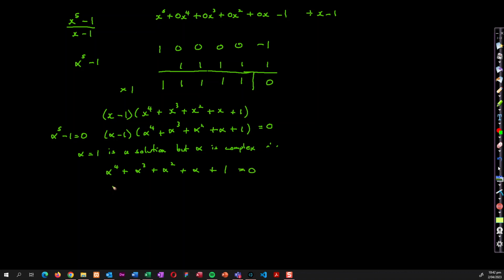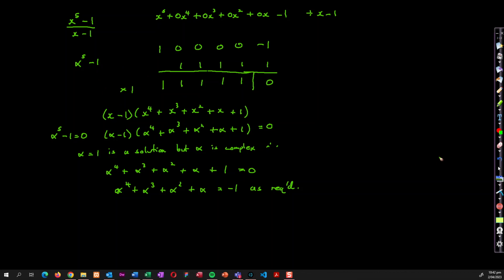Or in other words, the sum of the powers of alpha is -1, and that's what we're asked to show. Okay, so that's it for that first part.